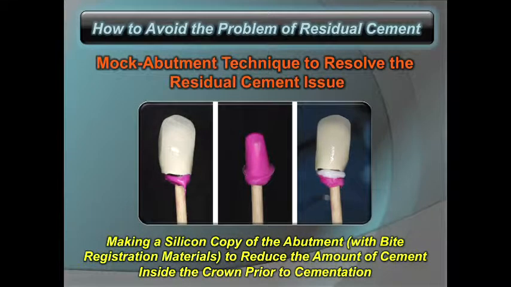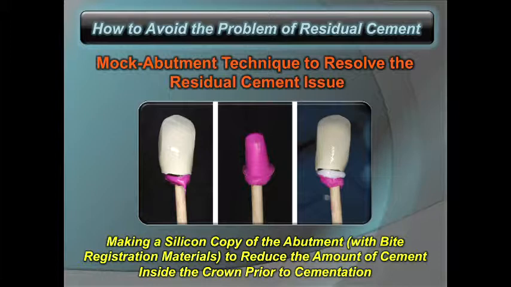Then the next one is how to avoid that. One of the easiest ways, probably you have heard about that. You can simply use the bite registration material, a Q-tip. So you inject the bite registration material inside your crown. You put a Q-tip inside it, and then all of a sudden you have a duplicate of your abutment.